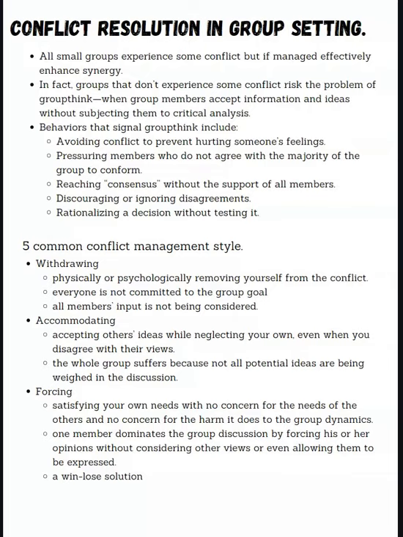Because you want to avoid conflict or hurting people's feelings. There are team members who pressure those who don't agree to agree, and then you reach consensus by ignoring other people's ideas, and then you rationalize the decision without knowing whether it is a workable solution or decision.